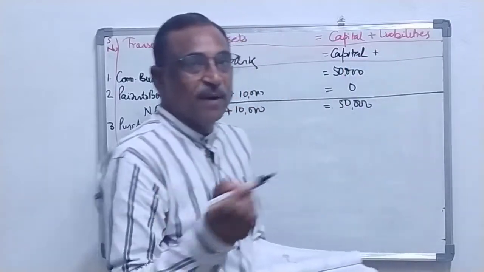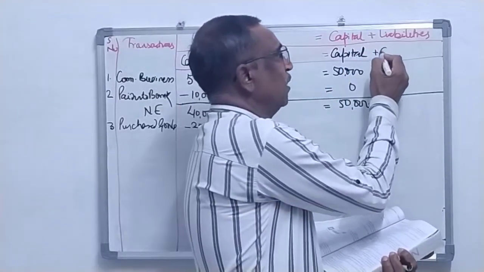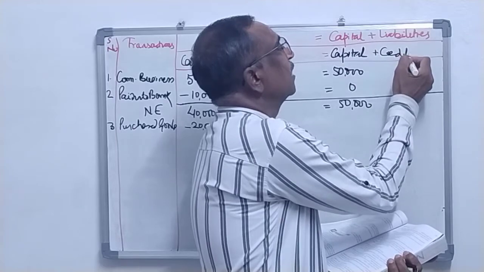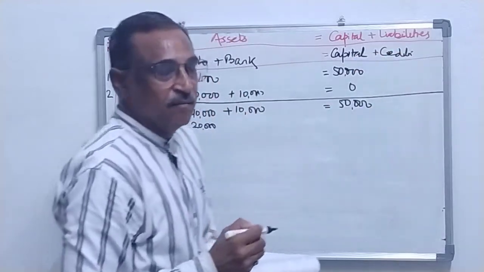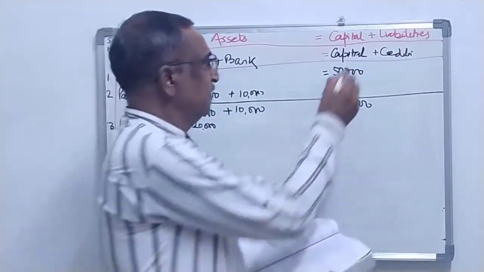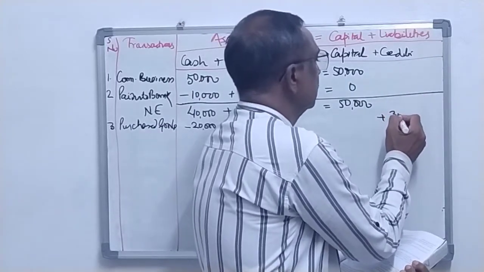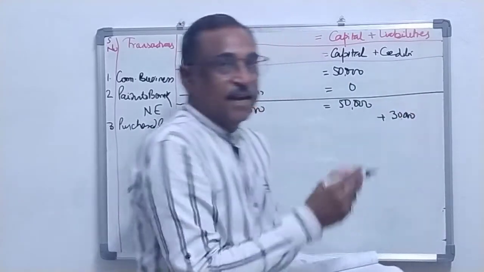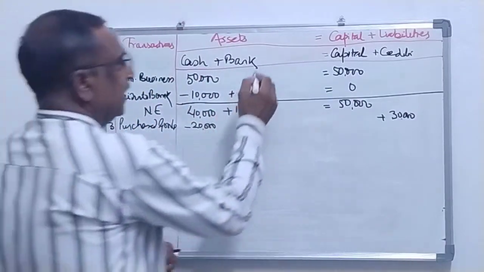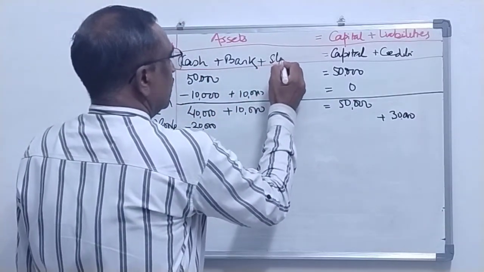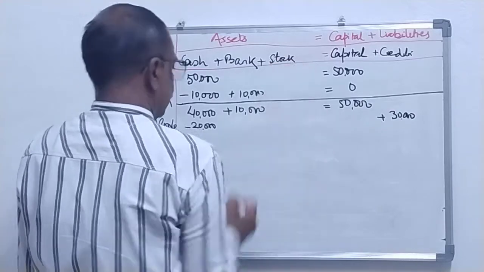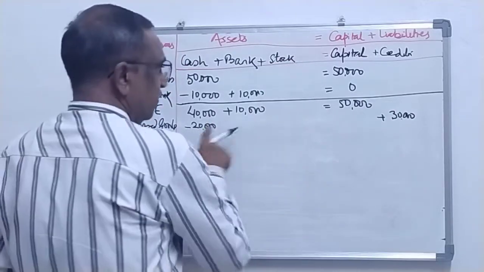Since you are buying on credit, a new accounting head like creditor will have to be opened. And here we will write 30,000. And against this, we are getting stock or goods, what rupees? 50,000.